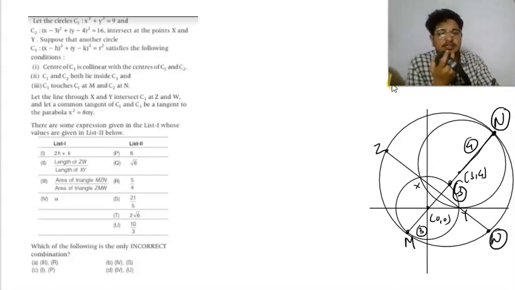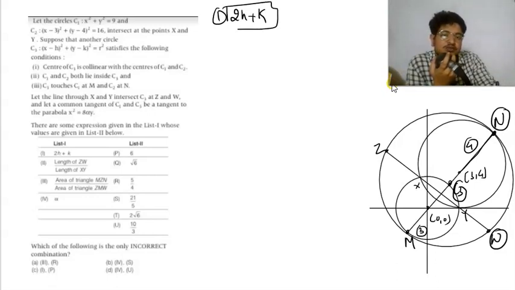So in list 1 firstly we have to find the value of 2h plus k. What is this 2h plus k? h and k are the centers of c3. And we know that this distance is 3.